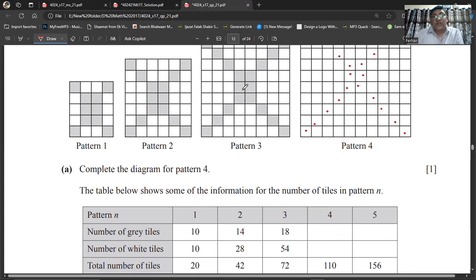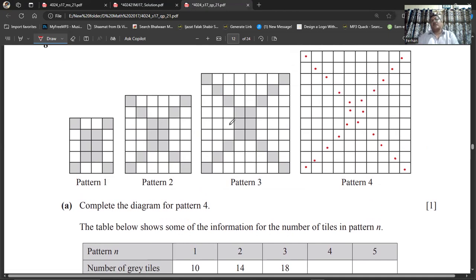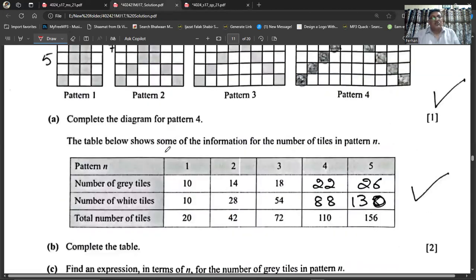Here you have 6 plus 12, and that is 18. Here you will have 6 plus 16, and that will be 22. So then you will have 26. So if you pay attention, it is 4 added, 4 added, and 4 added, and 4 added.